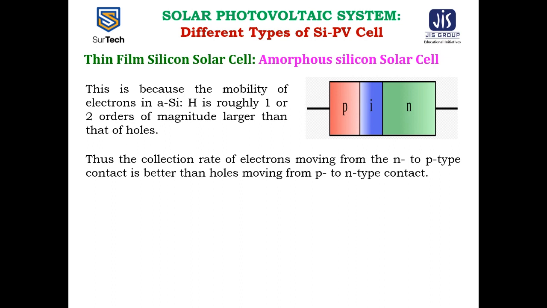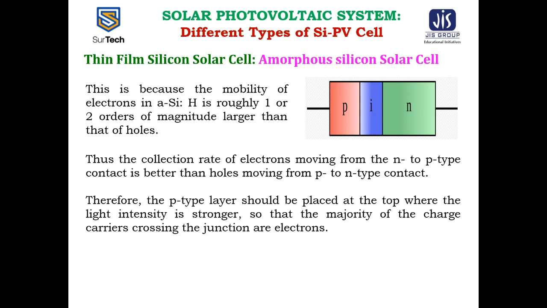Thus, the collection rate of the electrons moving from the N to P-type contact is better than the holes moving from the P to N-type contact. Therefore, the P-type layer should be placed at the top where the light intensity is stronger, so that the majority of the charge carriers crossing the junction are electrons.